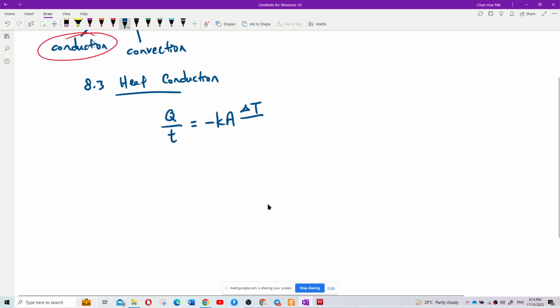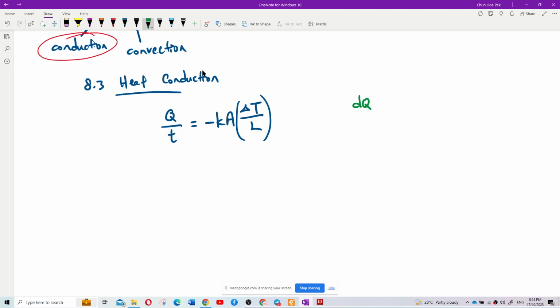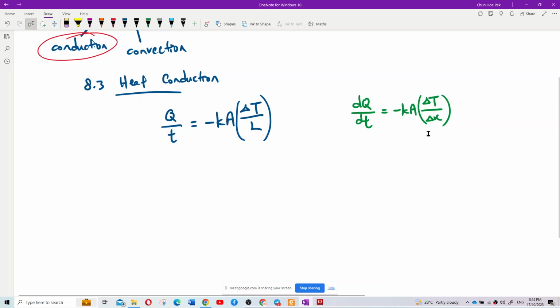Last time I used delta X, but here we use L. If you look at my previous video on my YouTube channel, I used dq over dt equals negative Ka delta T over delta X. It's the same formula.